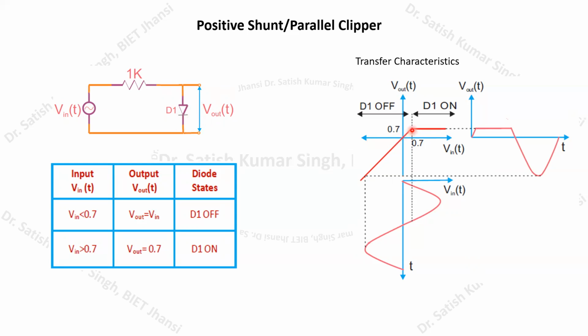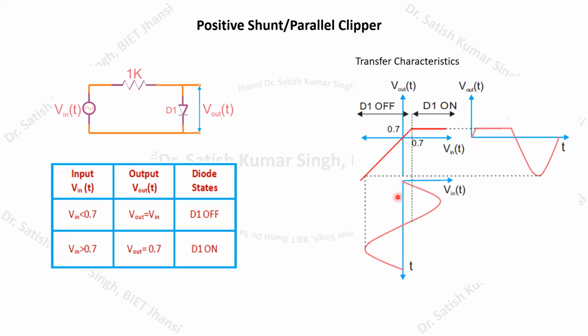And therefore we have just this line. So whatever the input, the same output we are going to get across this particular terminal, because it has a slope equal to 1.